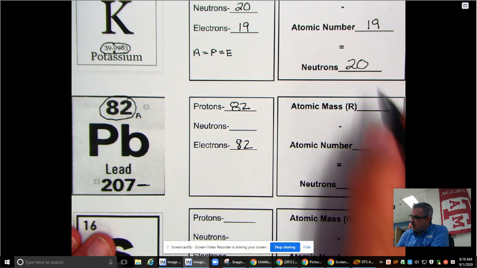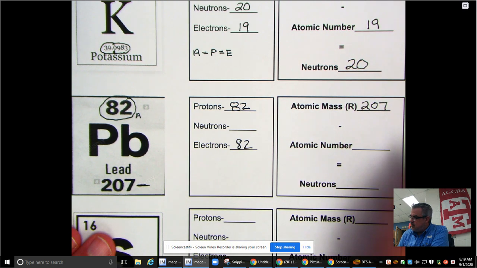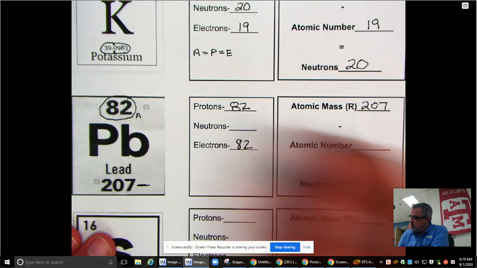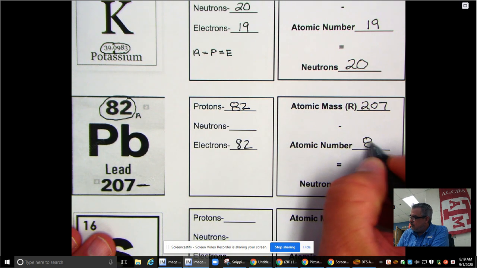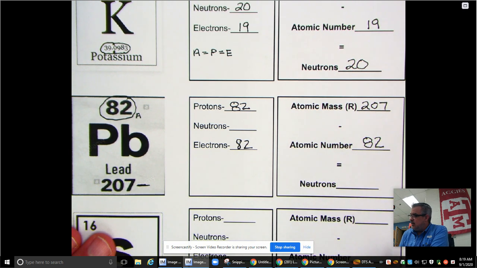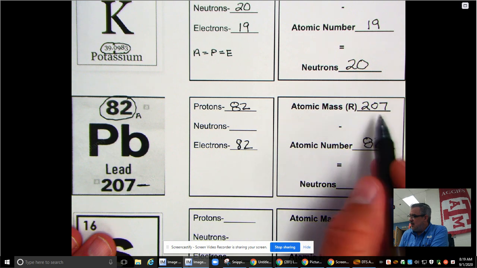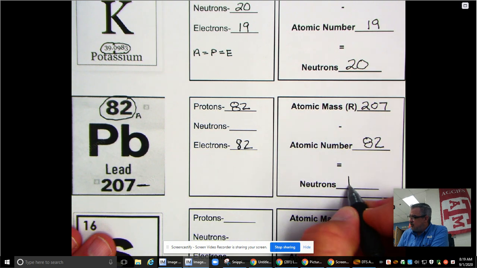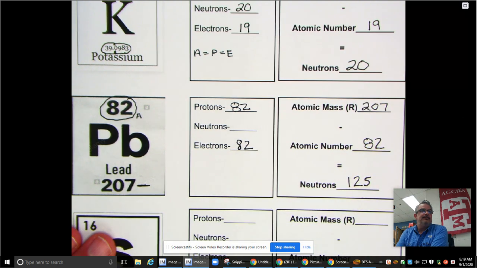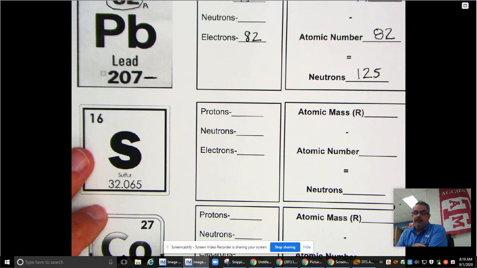It's conveniently without a decimal, 207. And then we subtract the atomic number, which was 82. And we do that math in our head. And let's see, 18, 100, plus 5, plus 7, comes out to 125 neutrons. Okay, let's do 2 more practices.